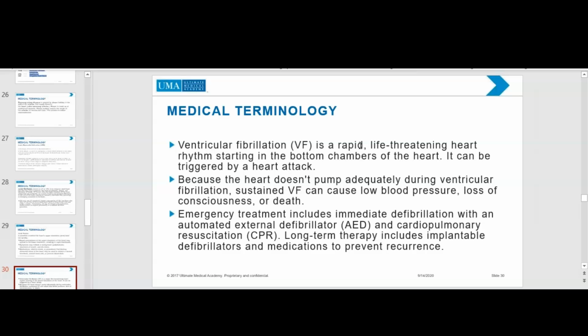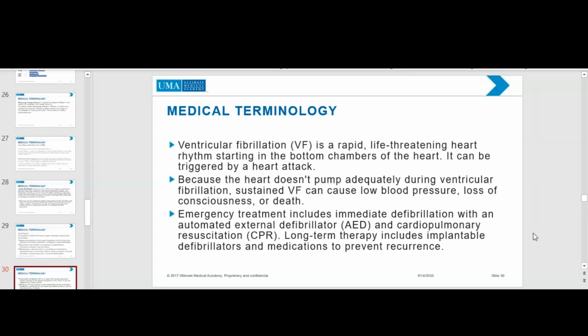Ventricular fibrillation is a rapid, life-threatening heart rhythm starting in the bottom chambers of the heart. It can be triggered by a heart attack. The heart doesn't pump adequately during ventricular fibrillation. Sustained VF can cause low blood pressure, loss of consciousness, or death.